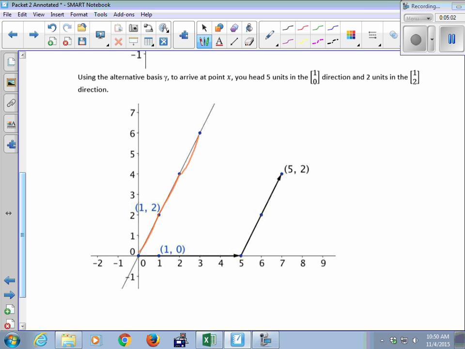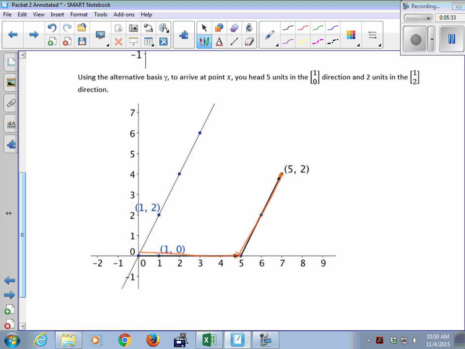So if I want to plot the point (5, 2), I go 5 units in the (1, 0) direction, and then 2 units in the (1, 2) direction, and I land here. So the slope is 2.